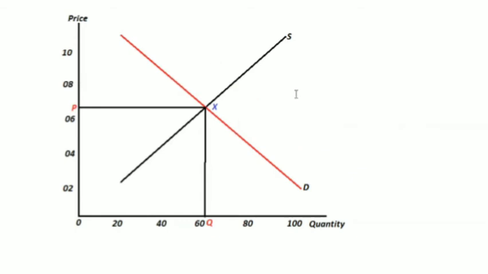What if there was an increase in supply or decrease in supply? Keeping the demand constant, if there was a decrease in supply, if the black S curve shifted to its left as a decrease in supply to S1, again, the new S1 curve would be intersecting the existing demand curve at a new point.